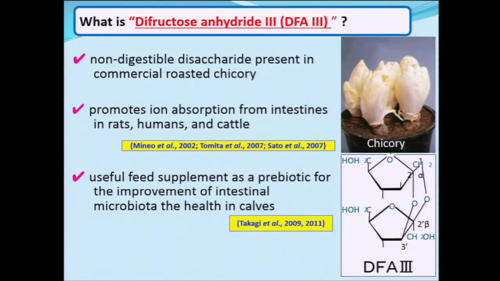Additionally, we previously reported that DFA III is a useful feed supplement as a prebiotic for the improvement of the health conditions and intestinal microbiota in calves. DFA III is now commercially available in Japan and widely used for preventing milk fever of dairy cattle.